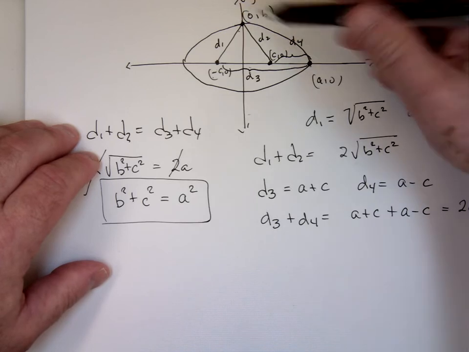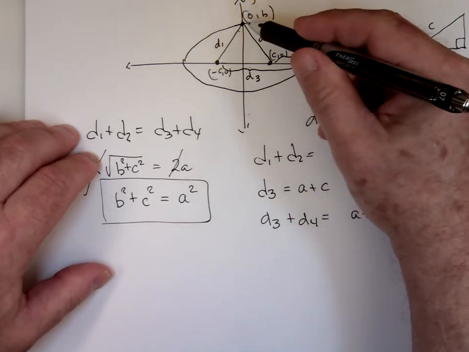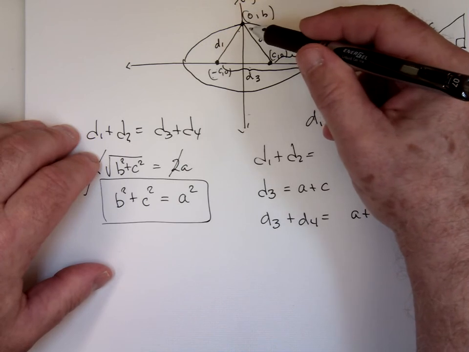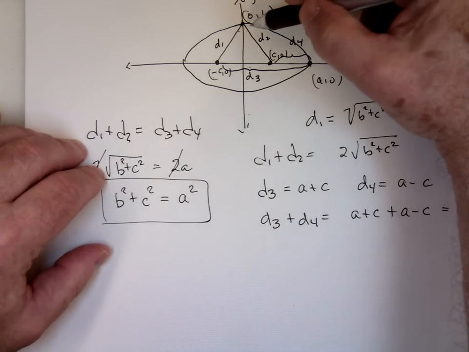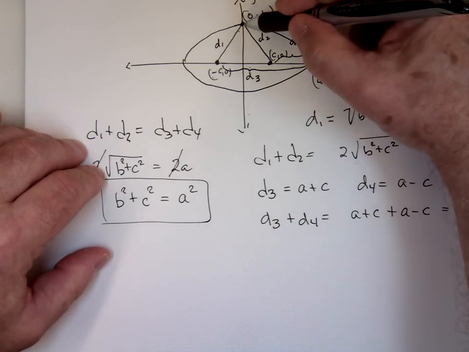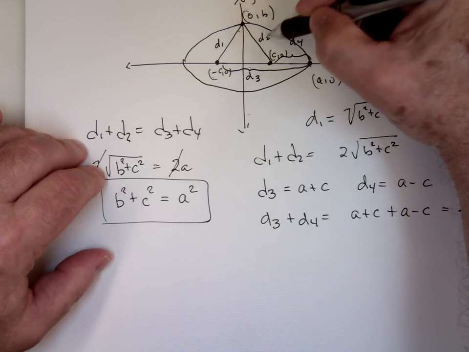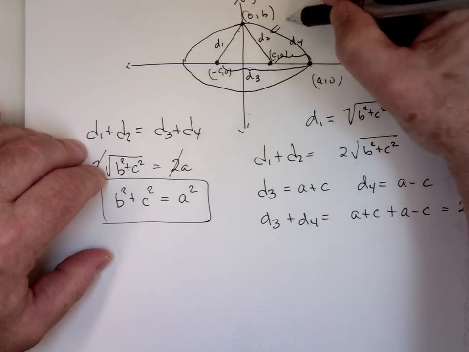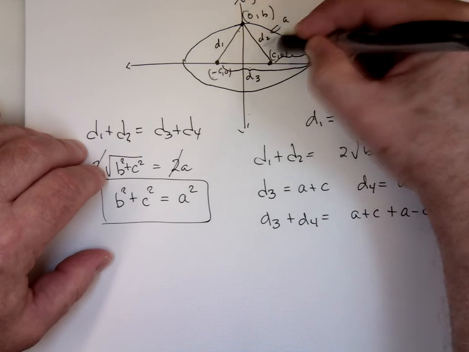This would be A. So if you knew what D2 was, this would be equal to A. So C squared plus B squared, D2 would equal A. That's what that proves.